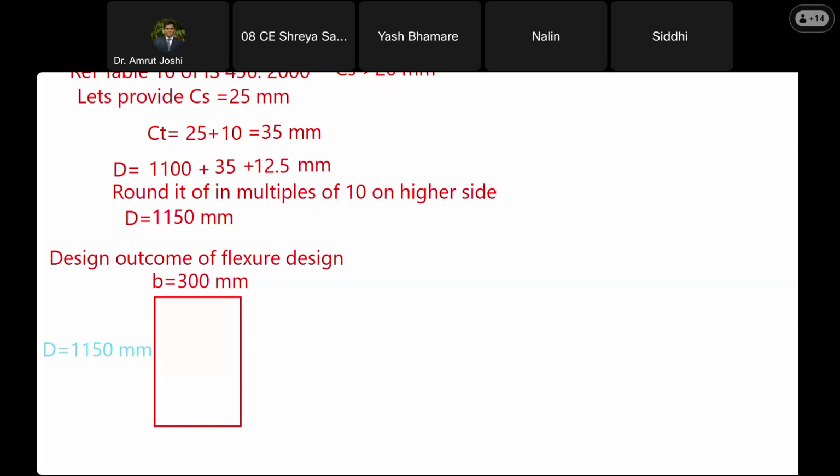And then we are going to provide 4 bars: 1, 2, 3, 4. 4 bars of 25 mm diameter.